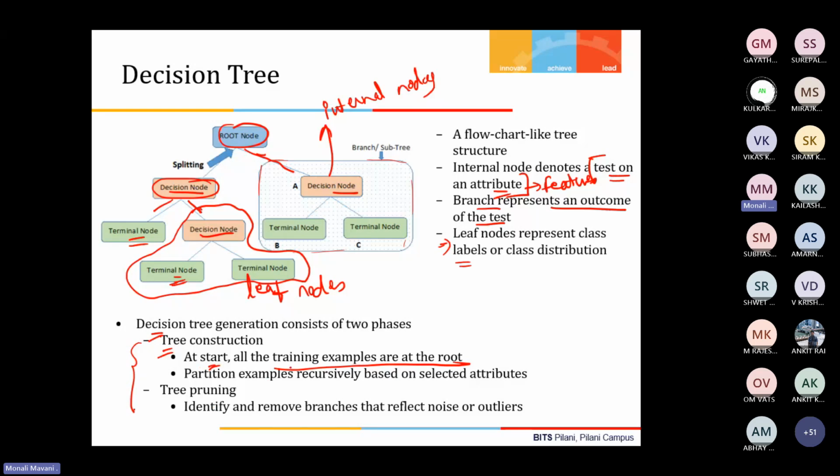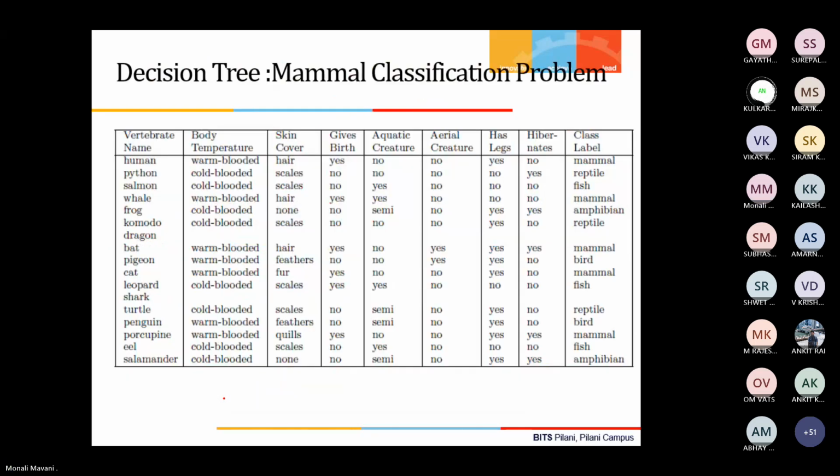In the beginning, all our examples will be at the root node. Then iteratively, we will partition our training examples recursively based on the selected attributes. Just theory, even if you do not understand, it's okay. We'll do one example and it will be really clear. And tree pruning, I'll talk about later.